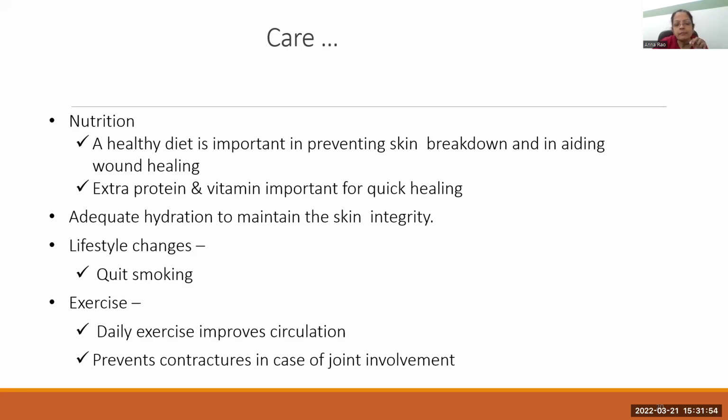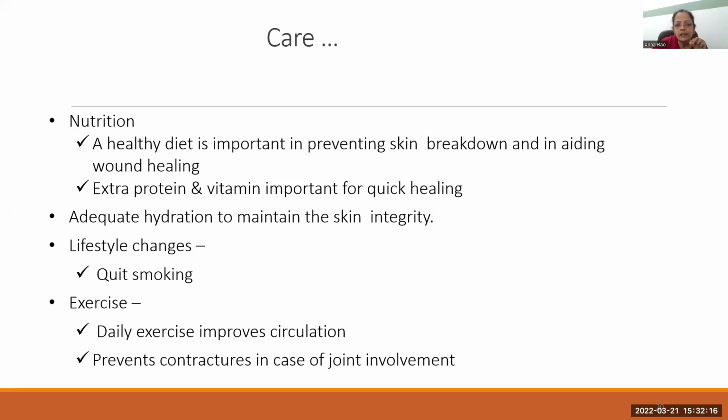Lifestyle changes may be required. Many of the patients might be smoking. So we have to tell the patients to stop smoking because it not only hinders the healing process, but it damages the minute blood vessels, right?